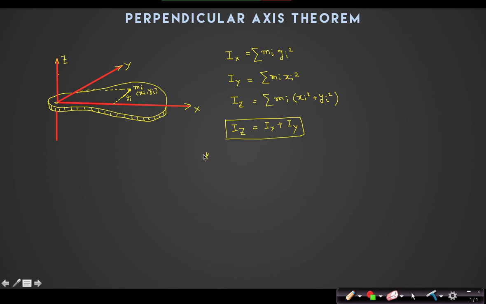But the condition is that the body must be a planar object. If it is not planar, then there will be another z term, and then you cannot write this expression. So the body must be planar. Is it clear to all?